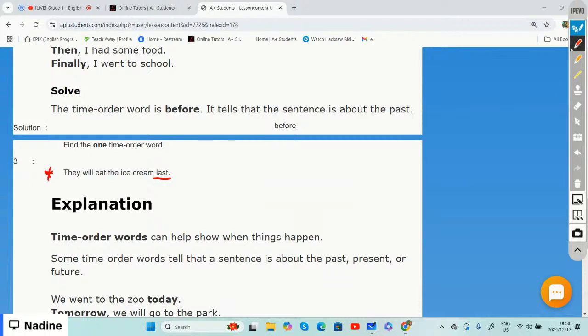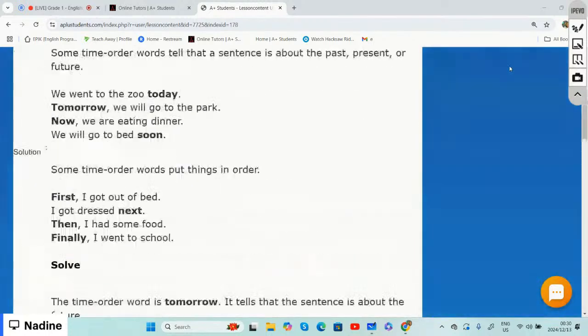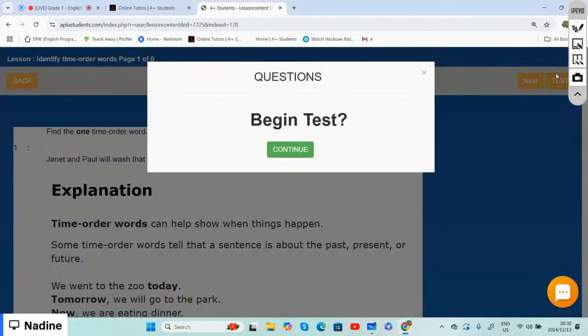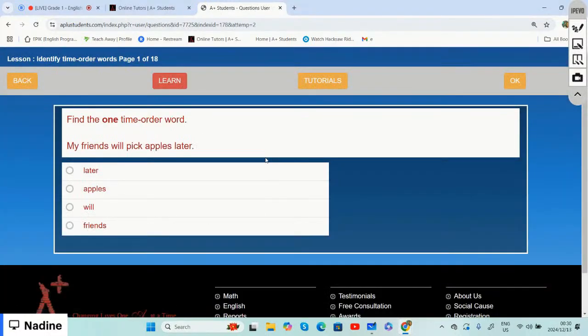It basically just tells us when things happen, right? All right, so now we're going to our test where we are going to identify the time order words.